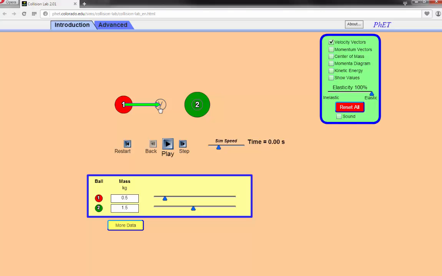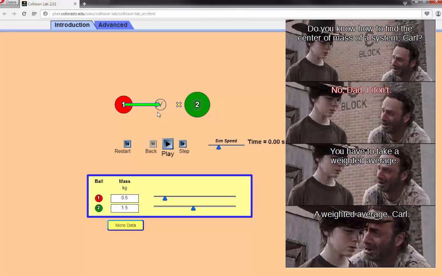What I wanted to do, though, is let's start off by looking at this collision in which I have set a single mass that is initially in motion and another mass that has 3 times as much mass and which is initially still. I am showing only the velocity vectors here, and I'm going to go ahead and click this thing that says center of mass, which is this X. And the center of mass is basically, you can think of it as a sort of weighted average of where the mass of the system is.